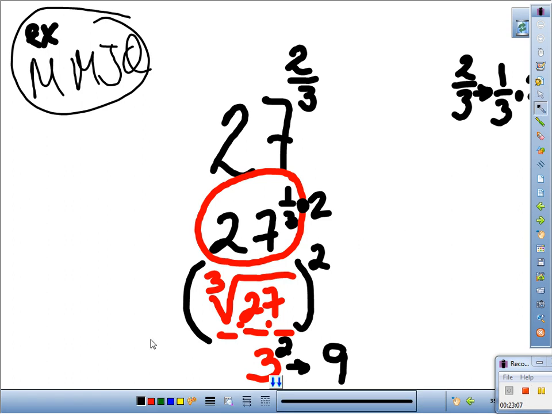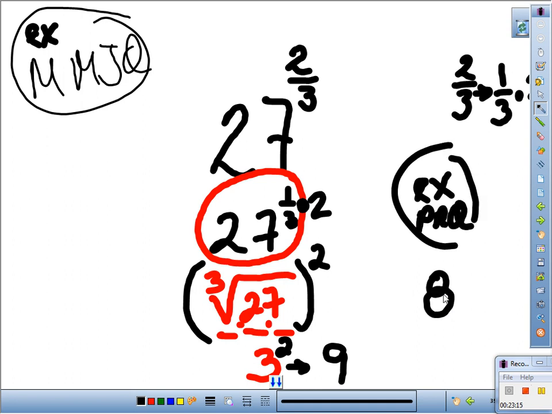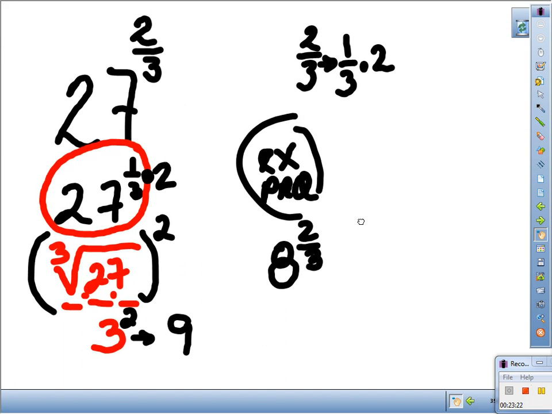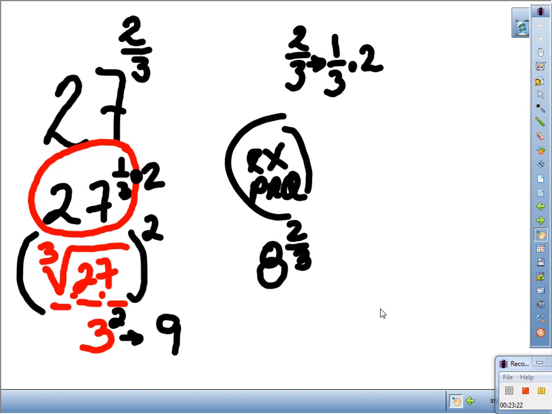Okay? Before you pack up, see if you can do this one by yourself. Example, Power Rangers cube, 8 to the 2/3. Very similar to the one we just did. You got it?